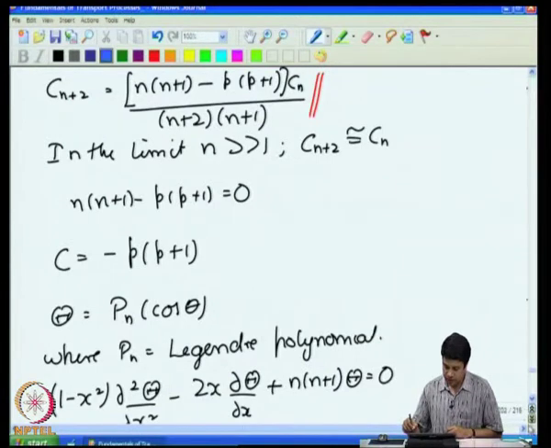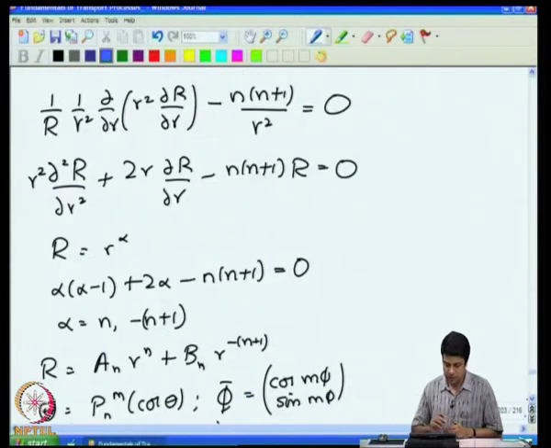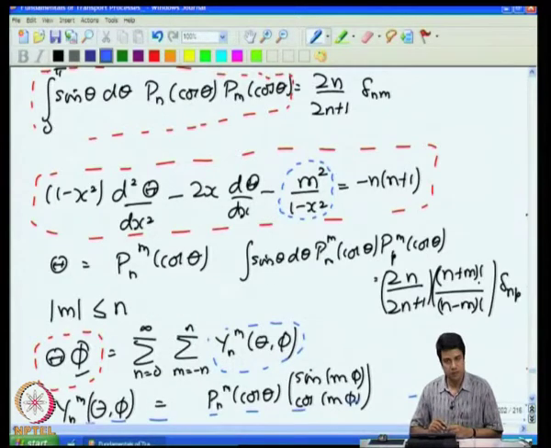The theta basis functions are in the form of Legendre polynomials, and in the phi direction, the basis functions are in the form of cos and sine functions. The most general solution is the sum of all of these. I can express the product of the theta and phi basis functions as Y n m of theta and phi.